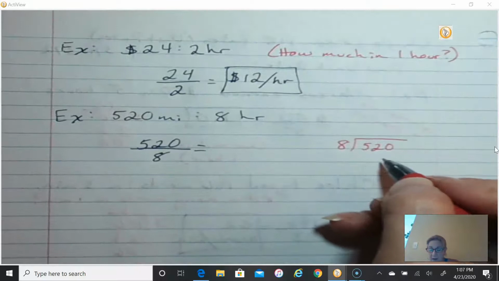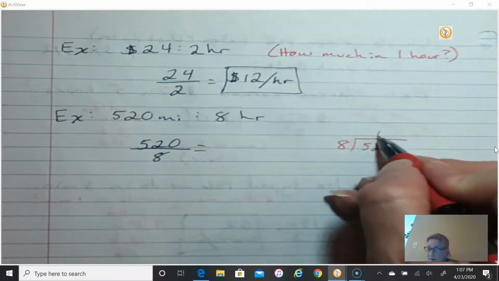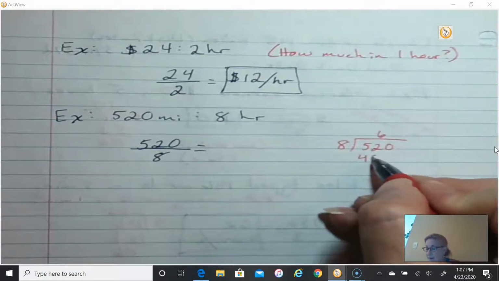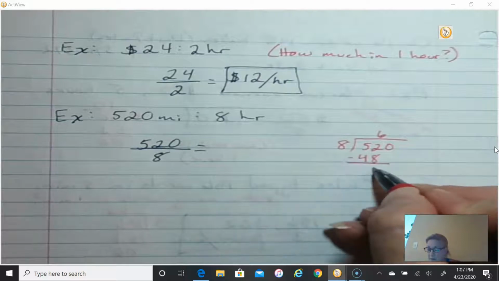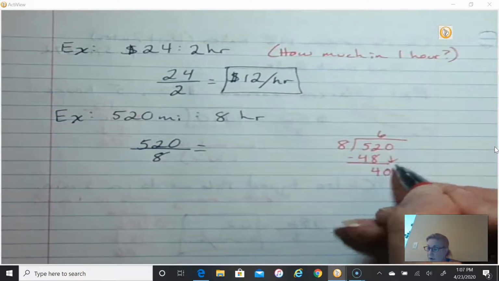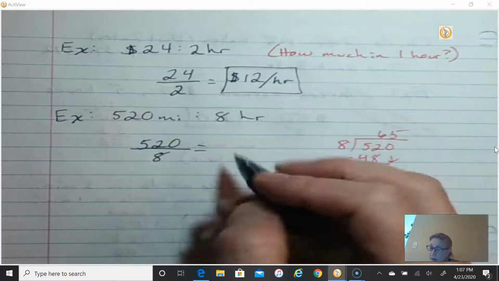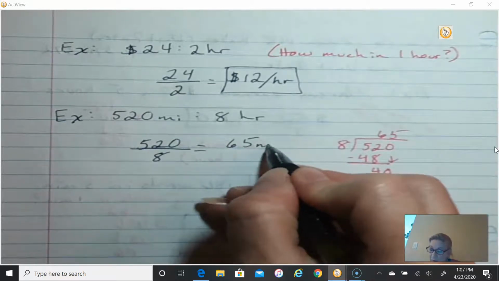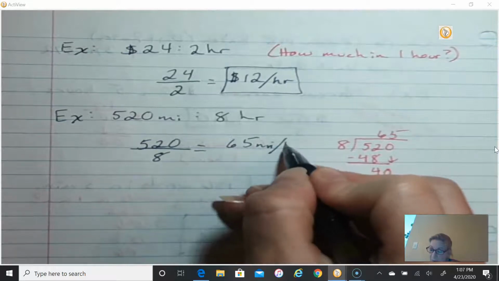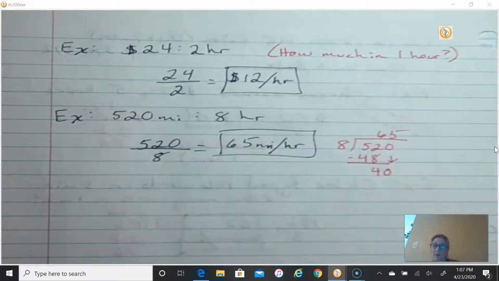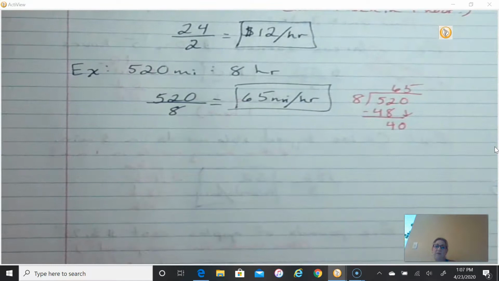How many times 8 go into 52? 6. 6 times 8 is 48. Subtract, you get 4. Bring down the 0. 8 goes into 40 5 times. So you can go 65 miles in 1 hour, or per hour. 65 miles per hour. Okay?